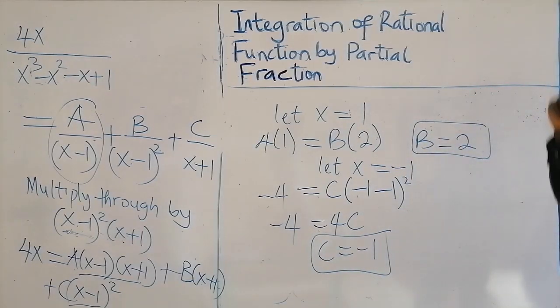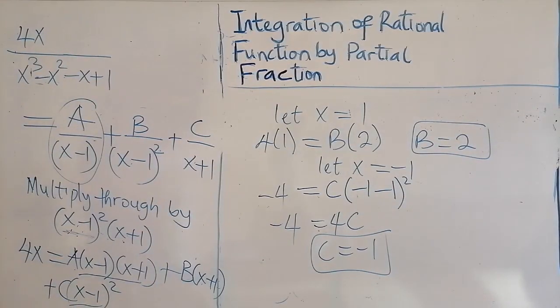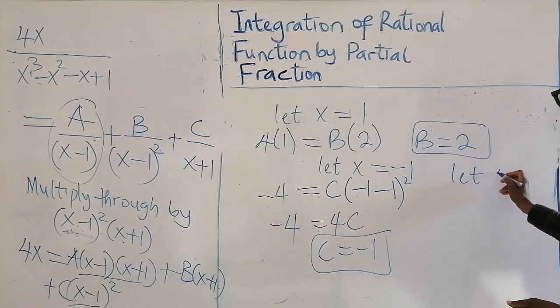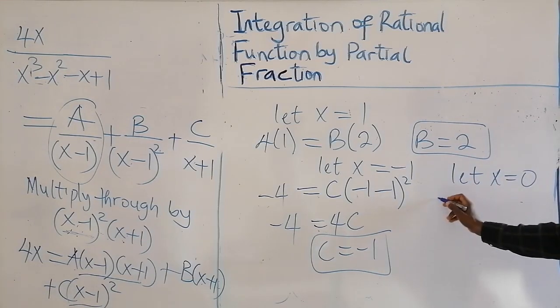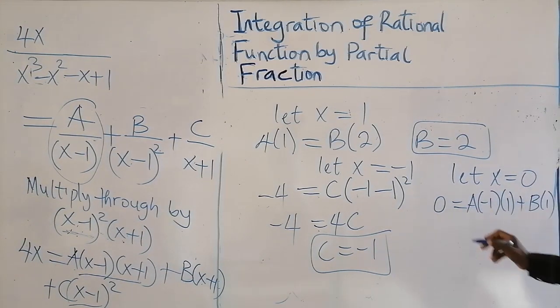So we've gotten 2 of the constants. Then the next thing to do now, we can pick any value at random, but it's better to use a small value. So let's go for x equal to 0. On the left, we're going to have 0 there. On the right, we're going to have A times minus 1 times 1, plus B times 1, and then plus C times minus 1 squared.